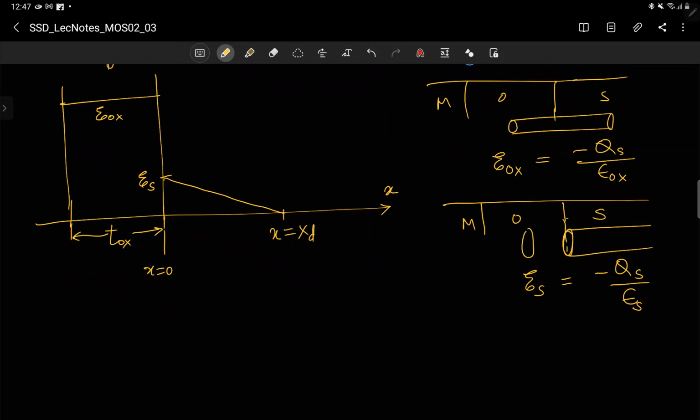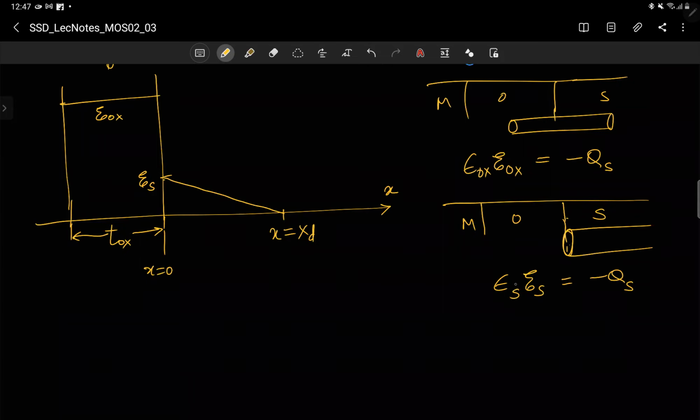So here epsilon ox times E ox gives you minus qs, and here epsilon s times ES gives you minus qs.